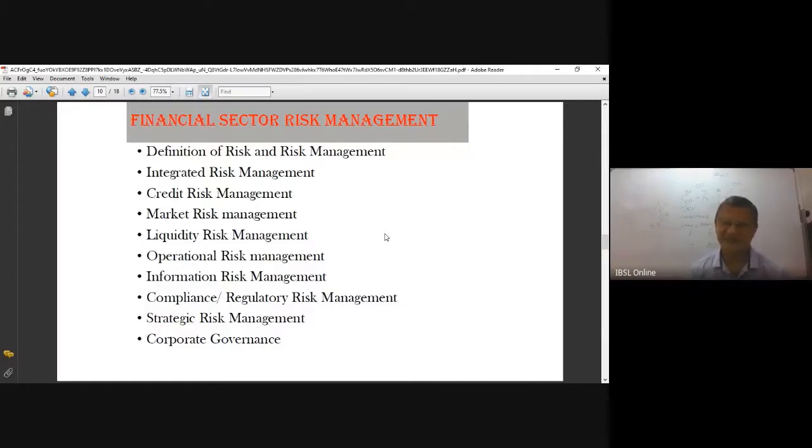Now you know the types of risk we undertake in a bank: credit, market, liquidity, operations. Therefore, we now have a thorough knowledge of what risk is and the types of risk involved in our business. So we'll see, we also need to give a definition to risk management.